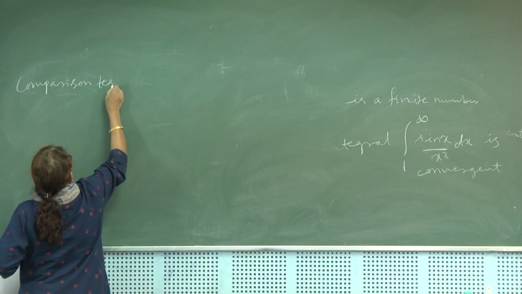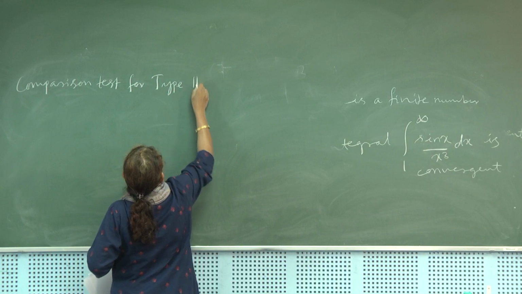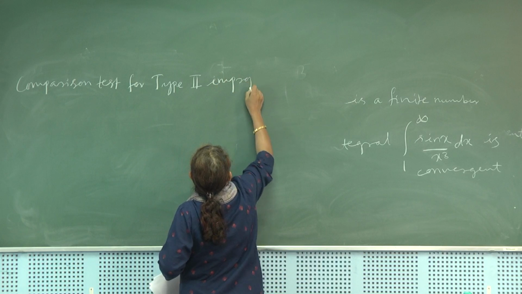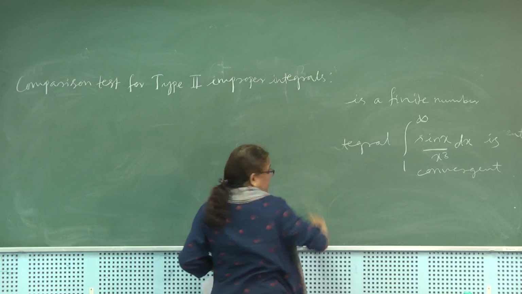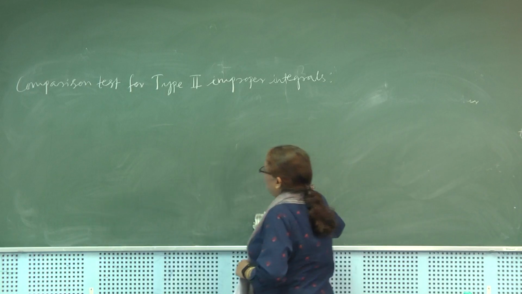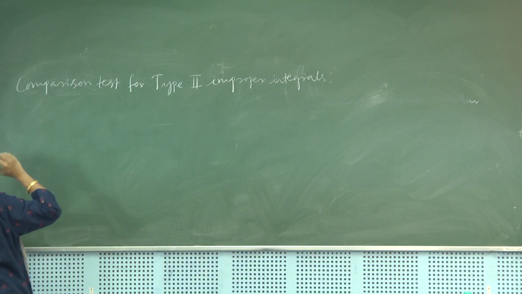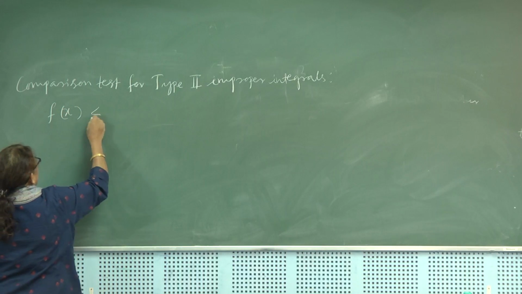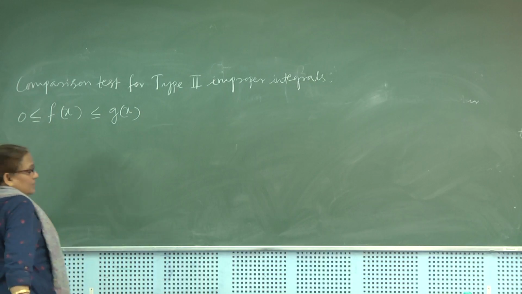Comparison test for type 2 improper integrals. Well, for type 2 improper integrals, we consider again that we have two functions f and g, and f is dominated by the function g, and they are non-negative.